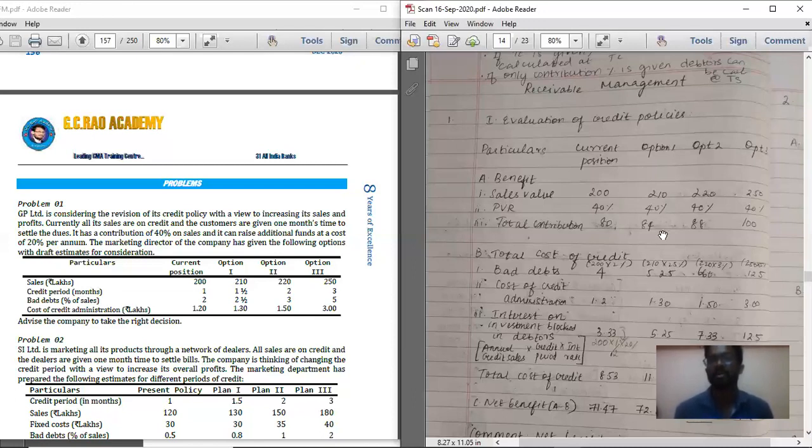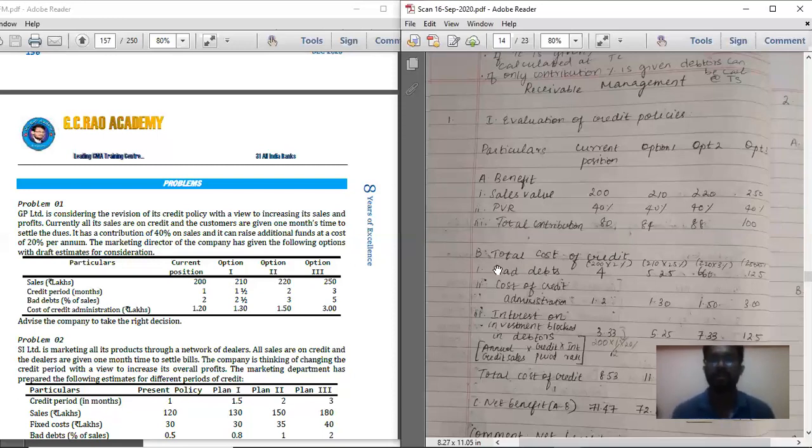Option number 2, 220 into 40%, that is 88. And the last column, option number 3, 250 into 40%, that is 100. So 80, 84, 88 and 100. These are the different benefits under each option.